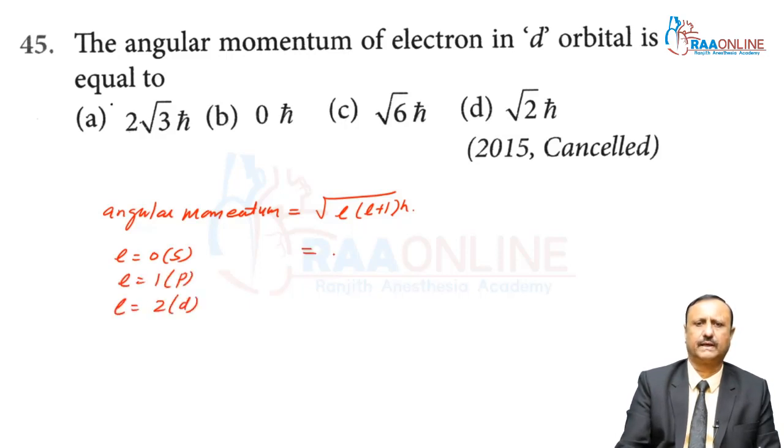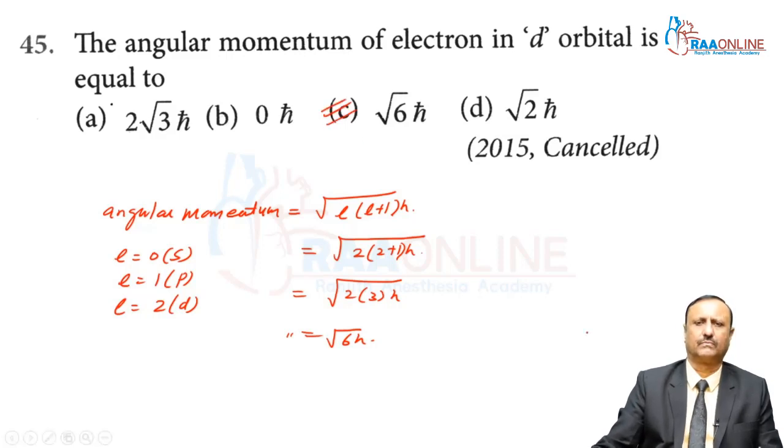So here you can see 2 into (2+1), that is 2 into 3, which equals root 6 h. This is the correct answer.